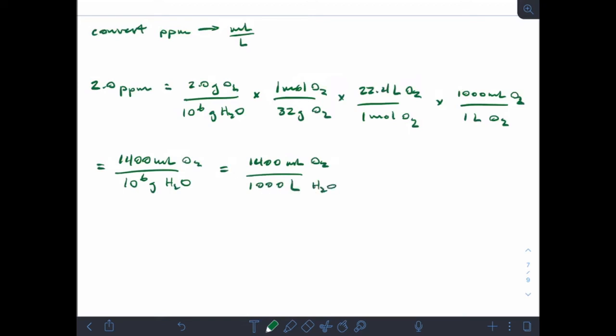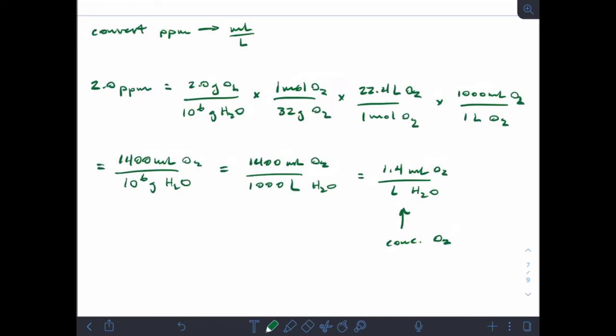All right, so we do a little canceling out, and what we end up with is 1.4 milliliters of O2 per liter of H2O. Okay, so this is now our concentration of O2.